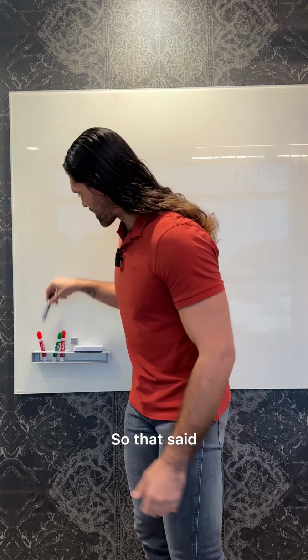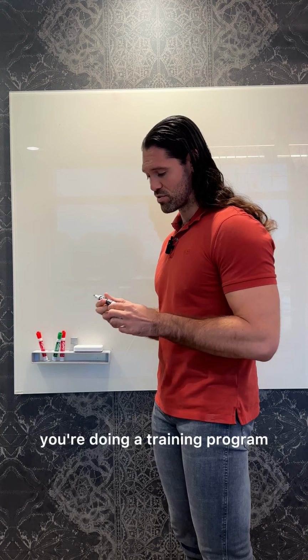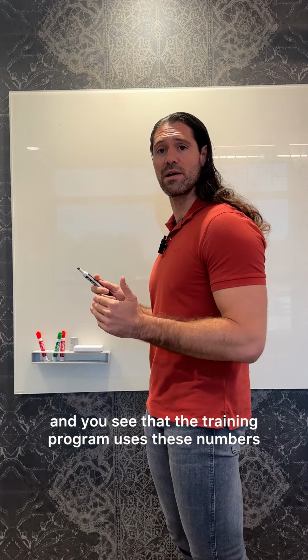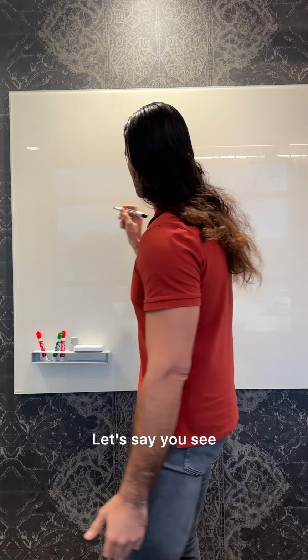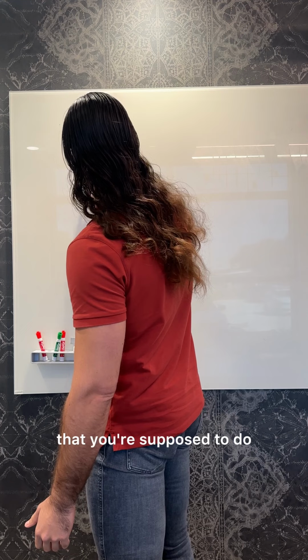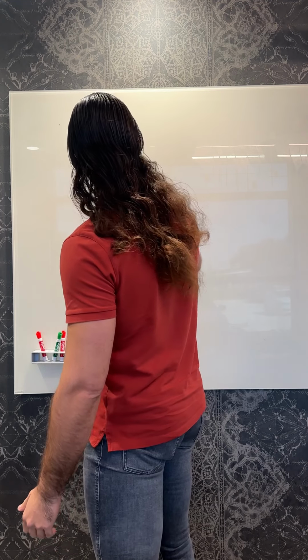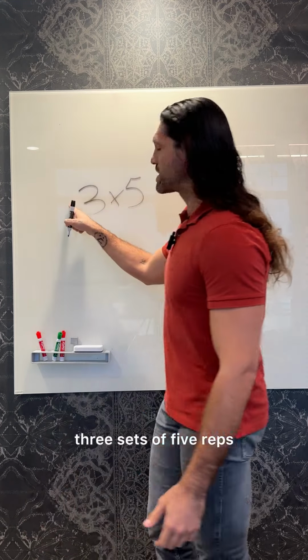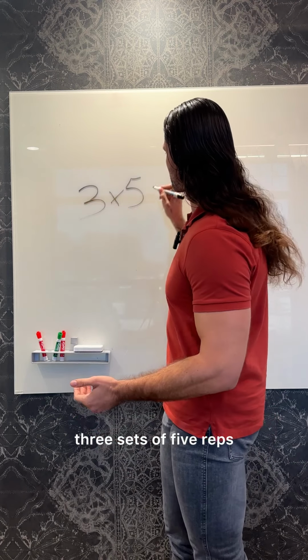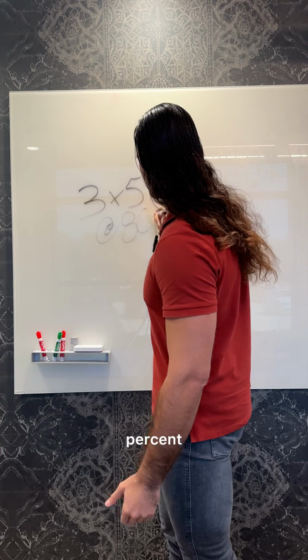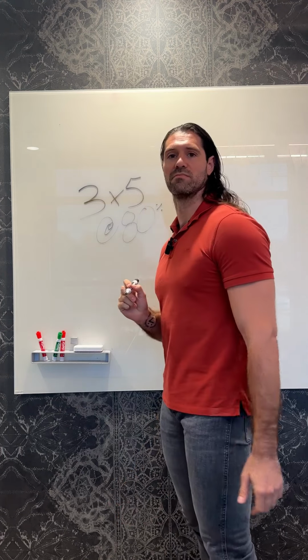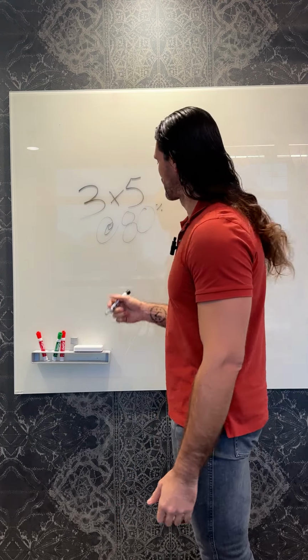So that said, you're doing a training program and you see that the training program uses these numbers. So I'll give an example. Let's say you see that you're supposed to do 3 sets of 5 reps, and you should do this at 80%. 80% of what?